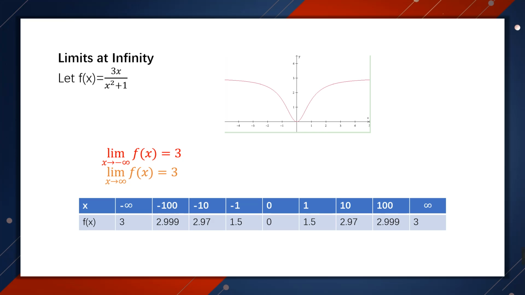Like when x equals negative infinity, -100, -10, -1, 0, 1, 10, 100, and also positive infinity, we could use a calculator to find the result. Finally, we find that when x gradually approaches infinity or negative infinity, the result is 3.